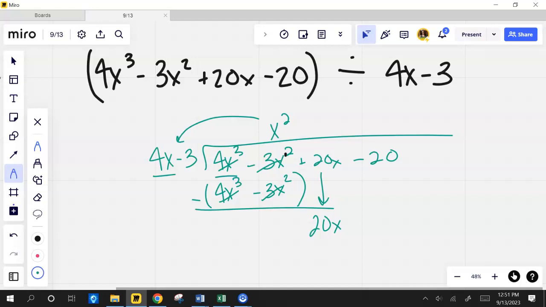I forget what it's called. Keep going. Why would you move the 20 down? Because you have to. Just trust Wyatt. Move the 20 down. We are going to move the 20 down since there's 2 terms here and I need 2 terms here. But what am I going to do now? Then you subtract 4x from 20x.